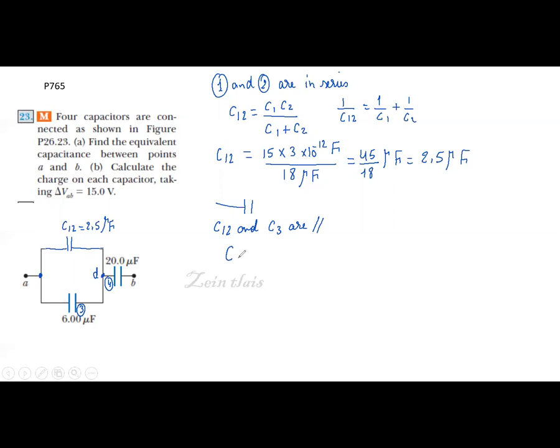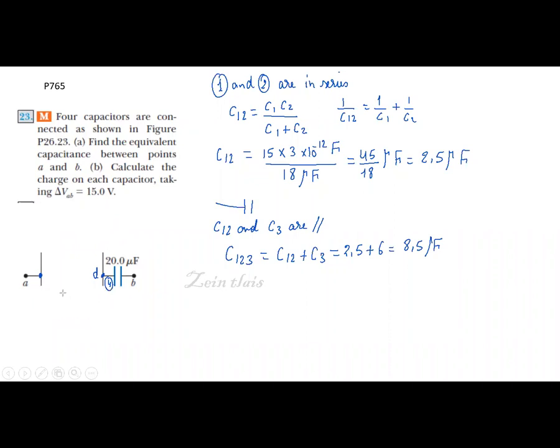So C equivalent, C123, equals the summation of C12 plus C3 equals 2.5 plus 6 equals 8.5 microfarad.